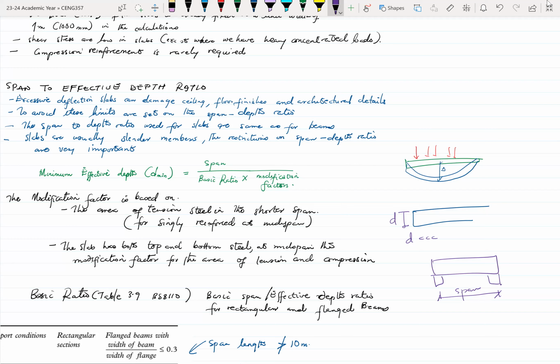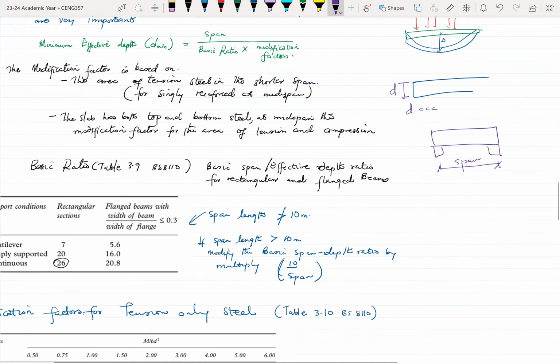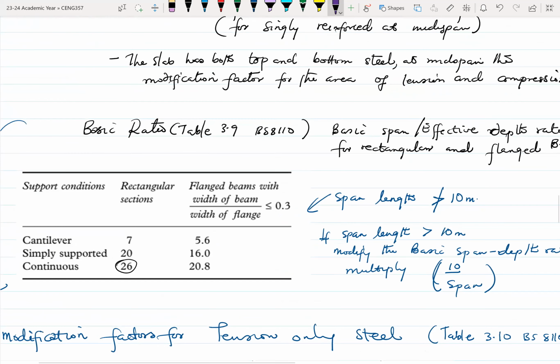And the code has a limit as to what the ratio can be. So if you check table 3.9 in BS 8110, if it's a cantilever and the cross section of the slab or beam is rectangular, then the limiting factor for span to depth is 7.